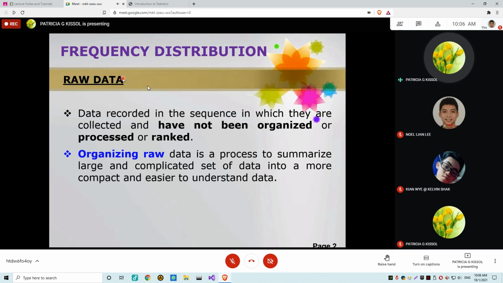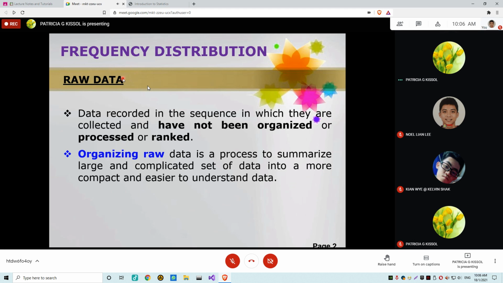So after you have collected the raw data, we need to organize the raw data. This is basically a process where we can summarize a very large and complicated set of data so that it becomes more compact and easier to understand.